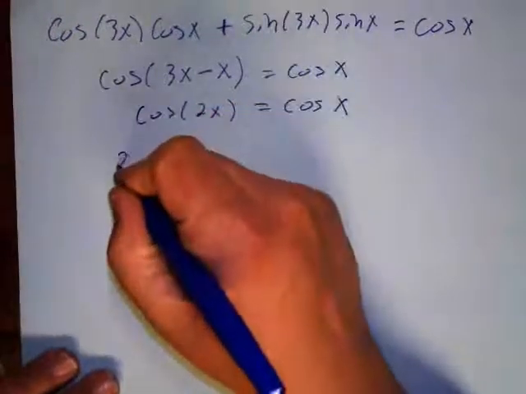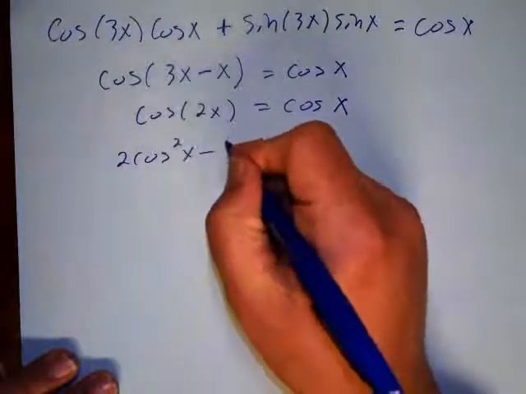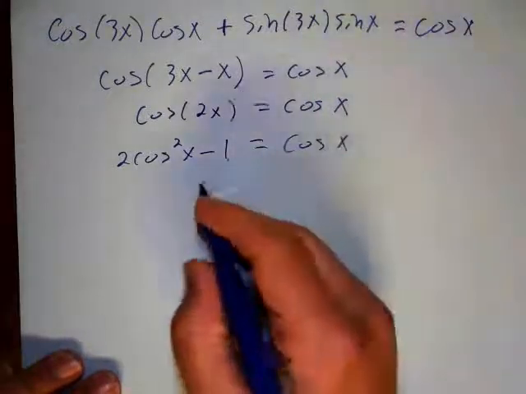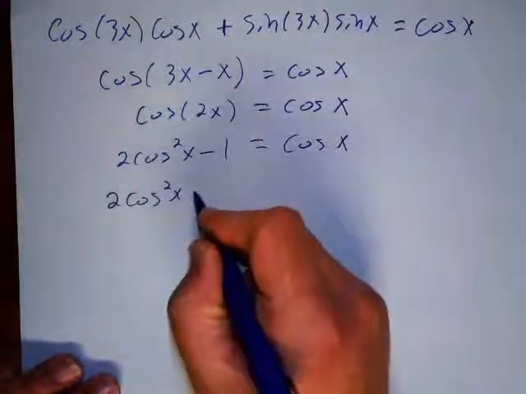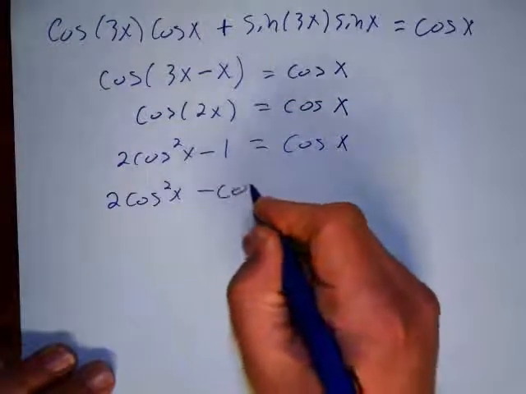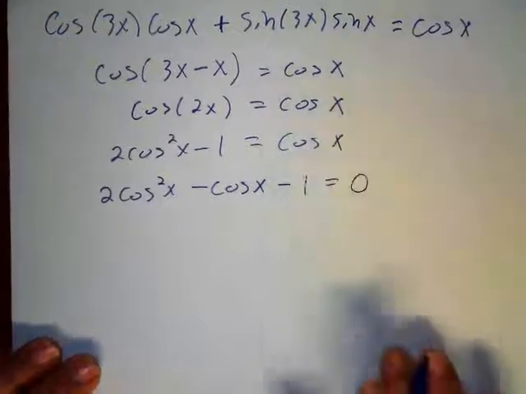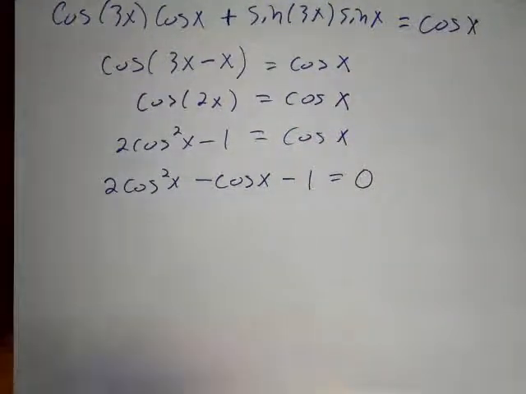That would make this 2 cosine squared x minus 1 is equal to cosine x. And then I can bring that to the other side, and then I have an equation of the quadratic type. So I have a sum difference, double angle, an equation of the quadratic type.